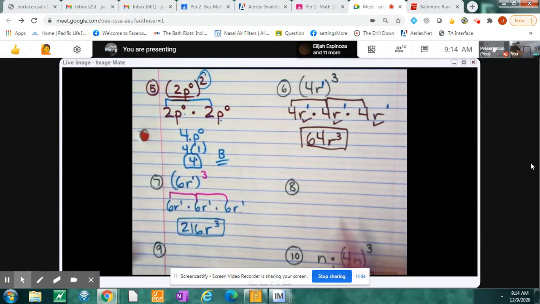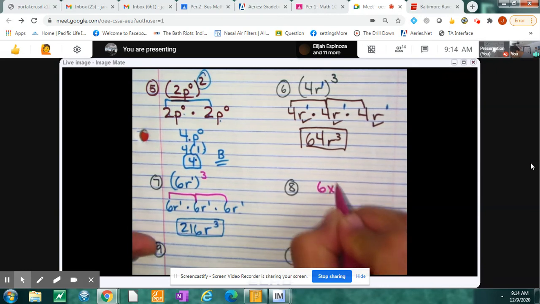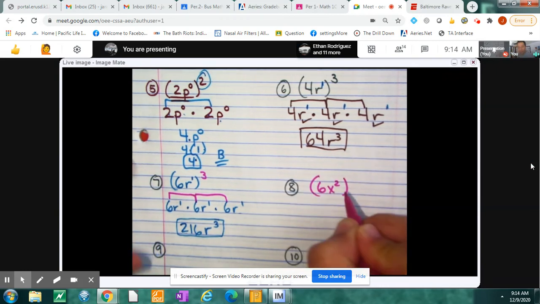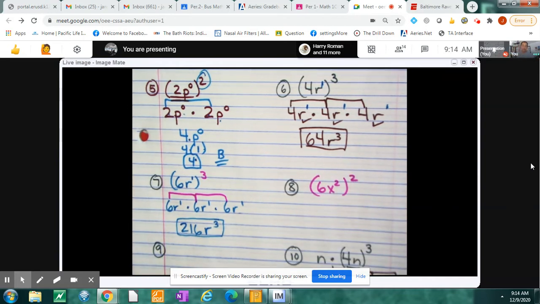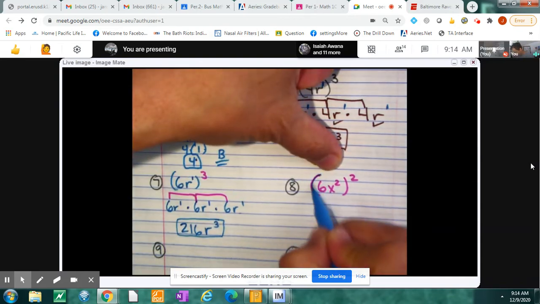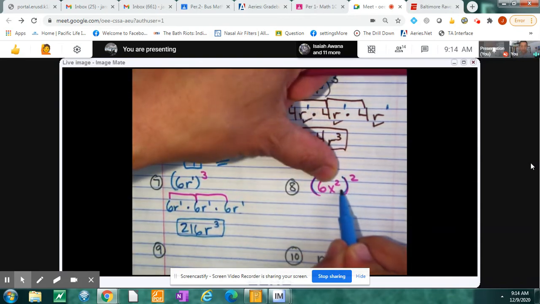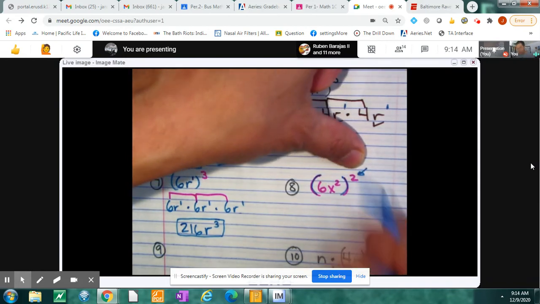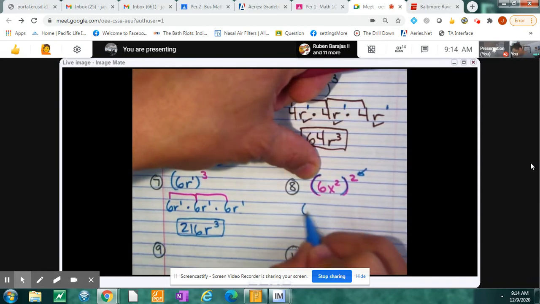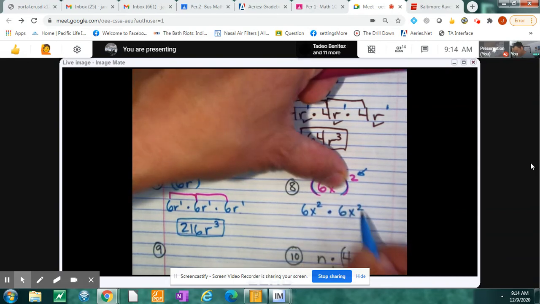Now you have 6x squared. All that is raised to the power of 2. Okay? All that is raised to the power of 2. So then once again, whatever's in parentheses, you're going to raise it. So you're going to write it twice because of this exponent. Okay, so 6x squared times 6x squared.